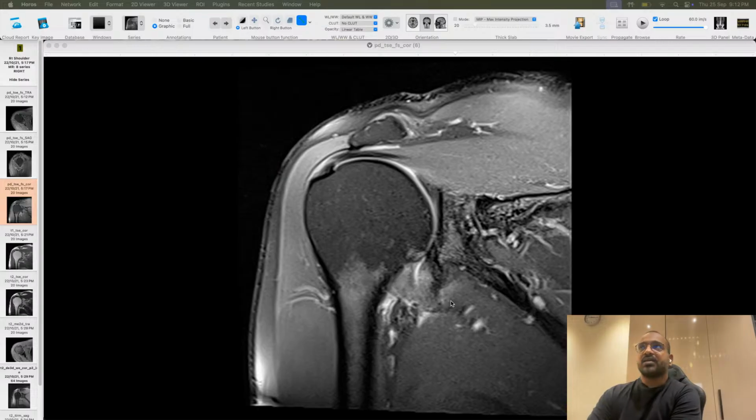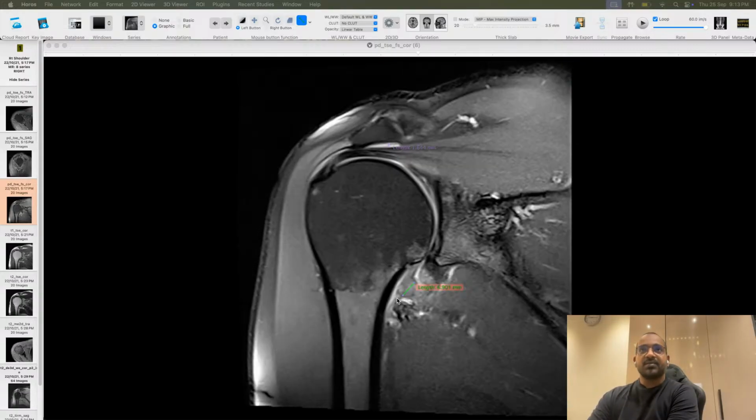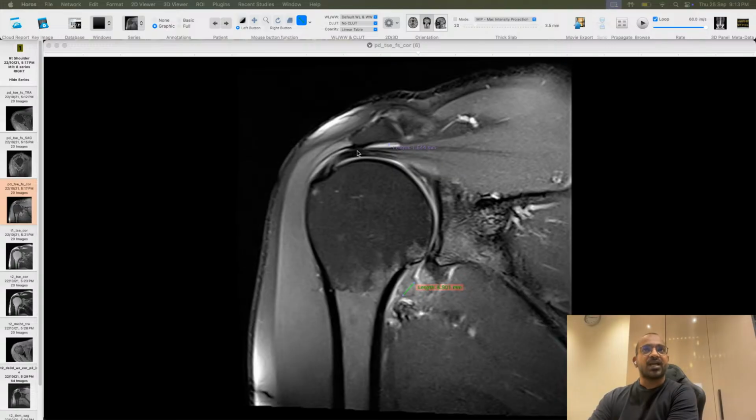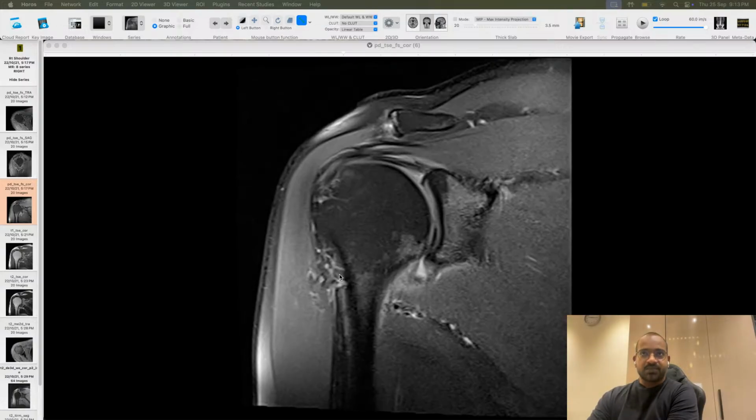So I just told you the history. This is a 60-year-old female patient with diabetes. Diabetes is one of the risk factors or supporting factors for periarthritis shoulder, and one of the findings of periarthritis shoulder is this. This is a case of adhesive capsulitis. Along with that, we found other pathologies like subacromial impingement of supraspinatus tendon, minimal fluid in subacromial subdeltoid bursa, and minimal fluid along long head of biceps tendon.